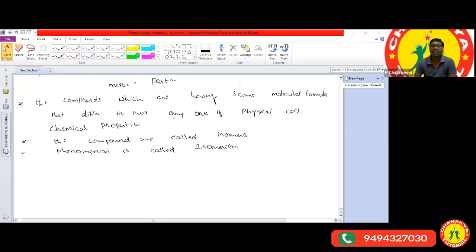Again, isomerism is classified into two types. What are the two types of isomerism?